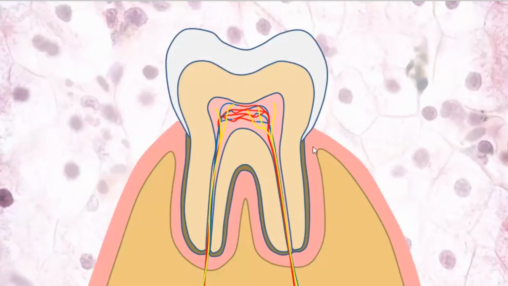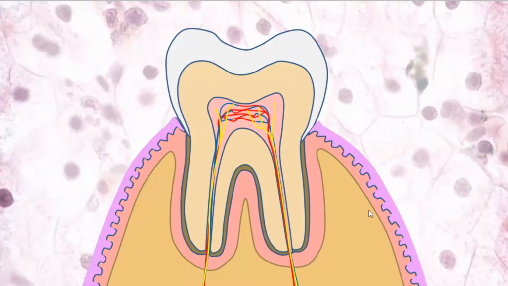Gums, the dental ligament or periodontium, and the alveolar bone together are called parodontum. Parodontum is the complex of tissues which maintain the tooth. Here we can see the epithelium of gingiva. So these are the main tissues which maintain the teeth in the supportive apparatus of teeth.